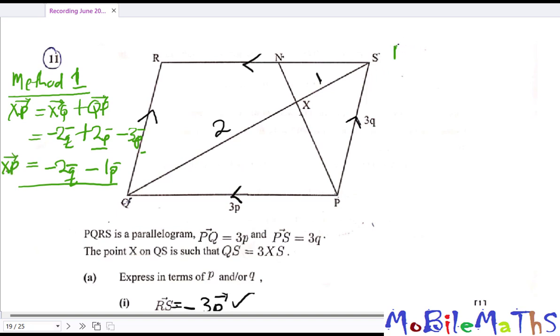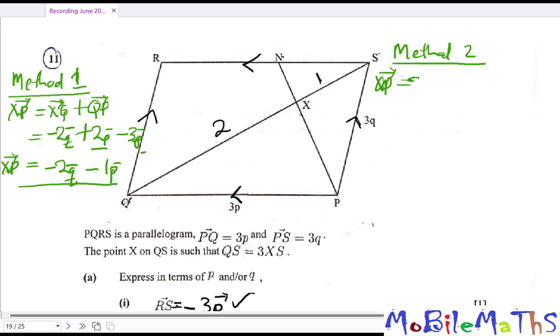Using method number 2, I can find XP using the direction XS, which is this one, and SP, like that. So let me write that and find the value there.